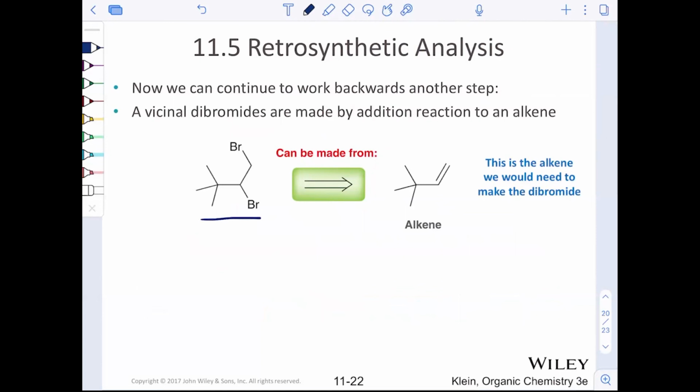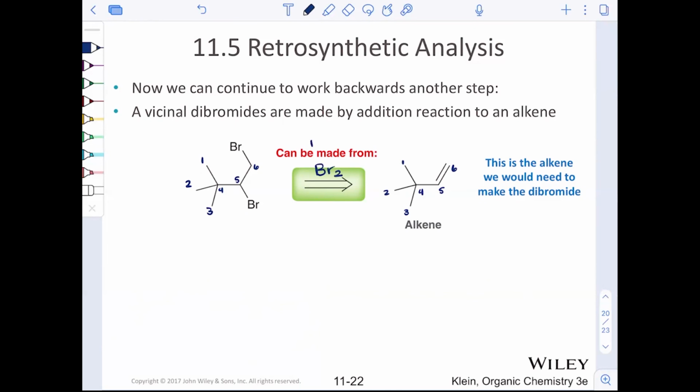How do we make this? How do we make a vicinal dihalide? Well, we can do an addition reaction to an alkene. This alkene would need to be between carbon 5 and 6. All right. We know that that addition reaction was Br2 to go from the alkene to our vicinal dihalide.